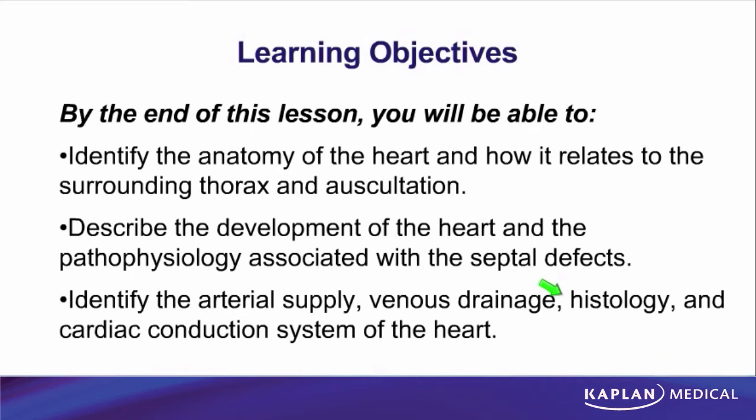Remember the defects associated with both atrial septum and ventricular septal formation. And then we wanted to talk about the blood supply and venous drainage. We looked very briefly at the histology, and we had a discussion of the cardiac conduction system and the anatomical structures that contribute to that system.